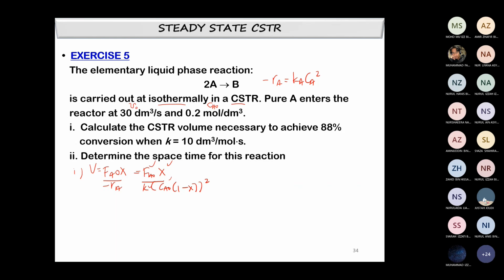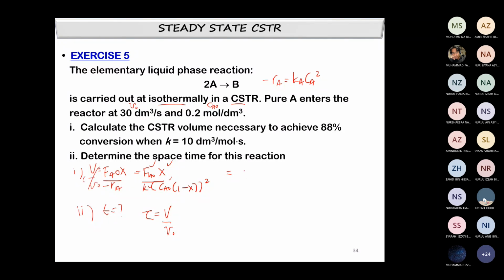So for the number 2, you kena dapat what is tau. Remember tau is equals to V over V0. So this FA0 you kena tukarkan kepada CA0 times V0. Sebab nanti V ni kita akan bahagi dengan V0, dapatkan tau.